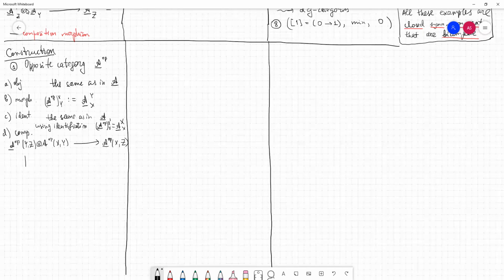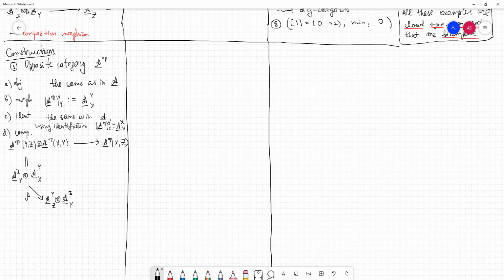What should we do? Let's write down what the left-hand side is. So it's A from Z to Y, tensor A from Y to X. Using braiding, beta, this is isomorphic to the product where we switch the order.